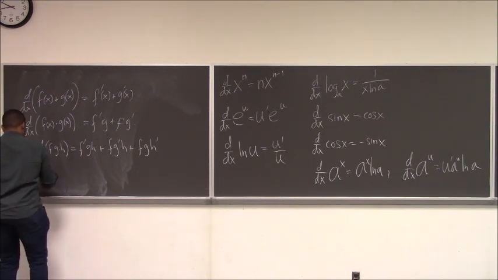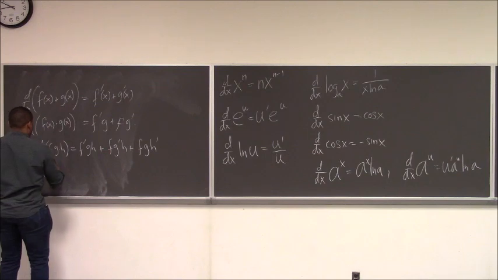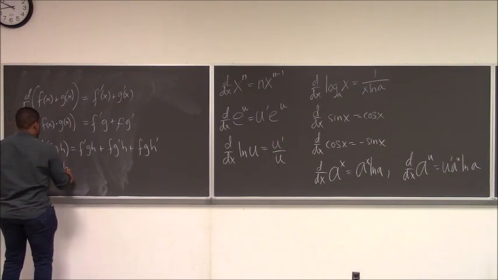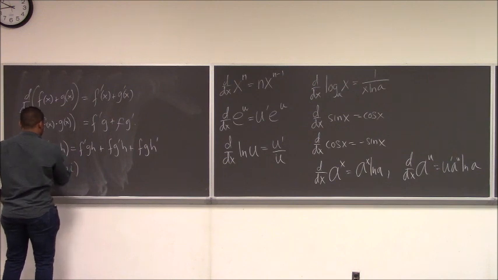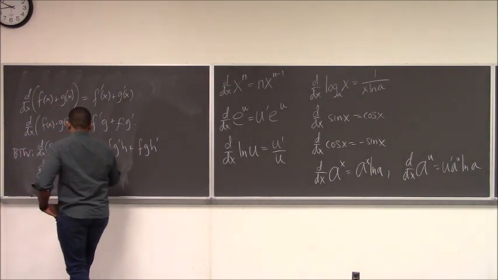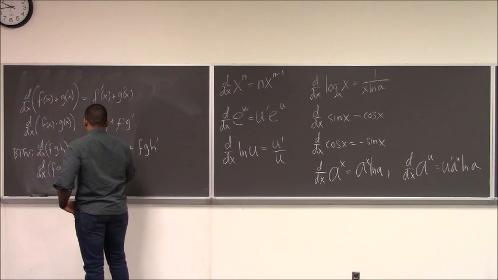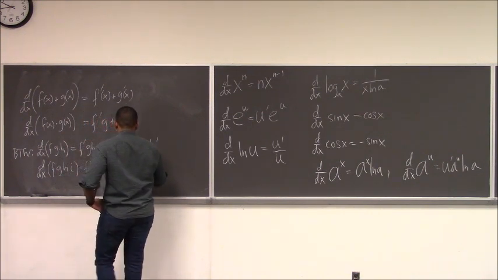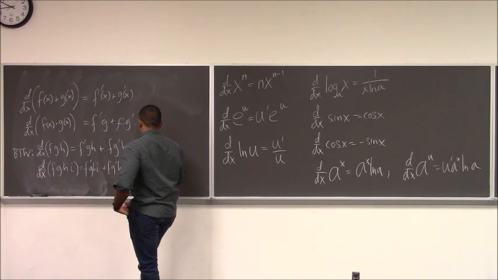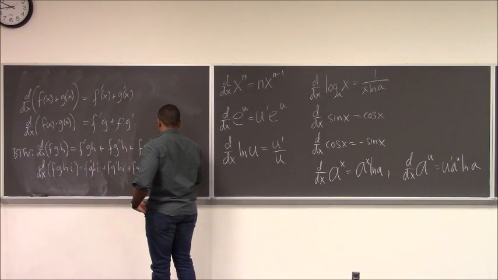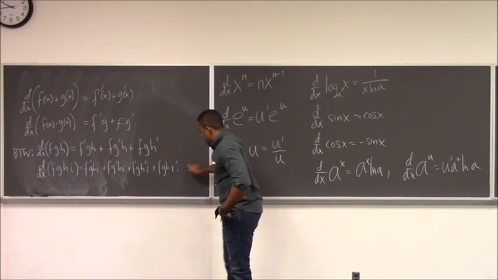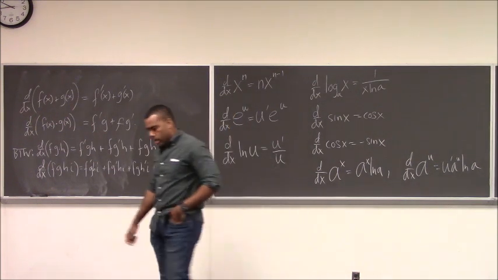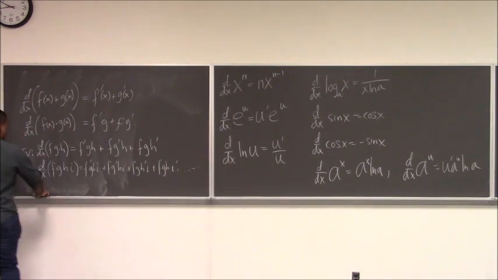So if you have f, g, h, i, you get f prime g h i plus f g prime h i plus f g h prime i plus f g h i prime, etc. The product rule extends very naturally in that sense.